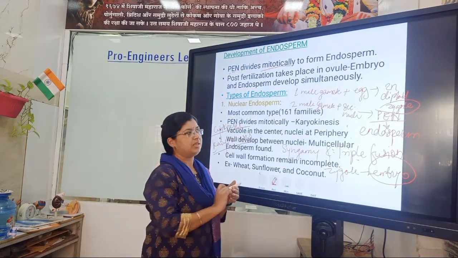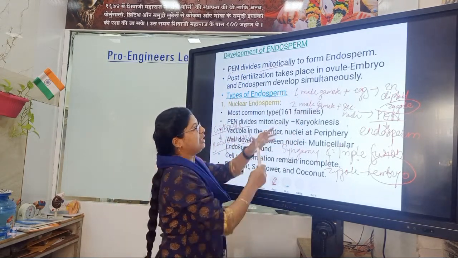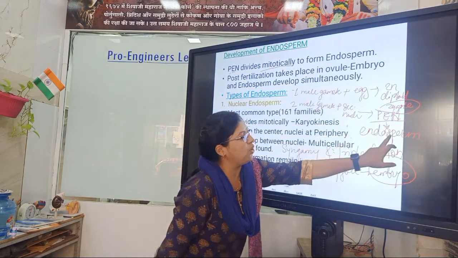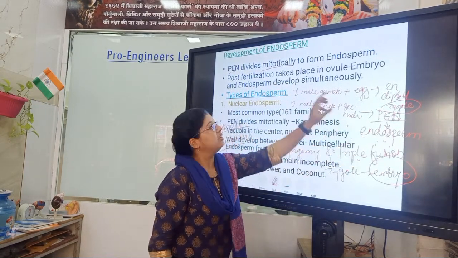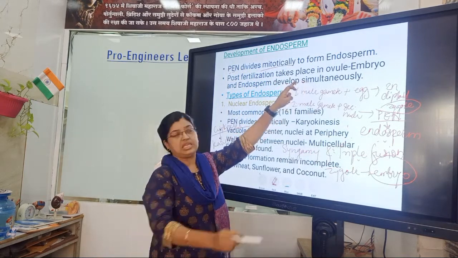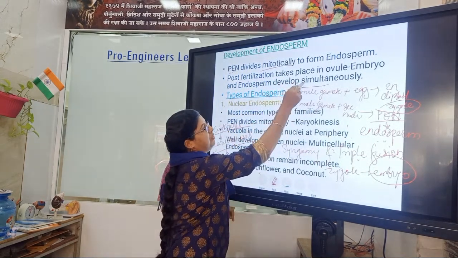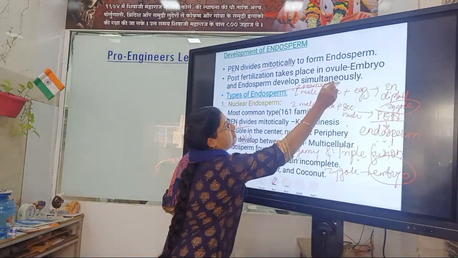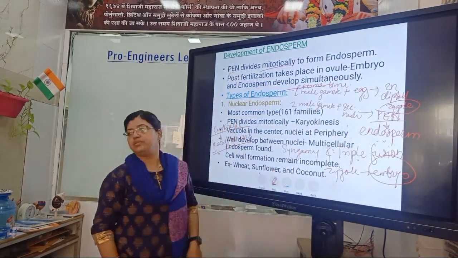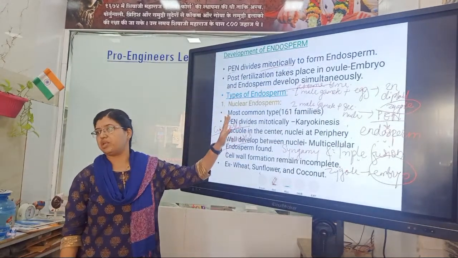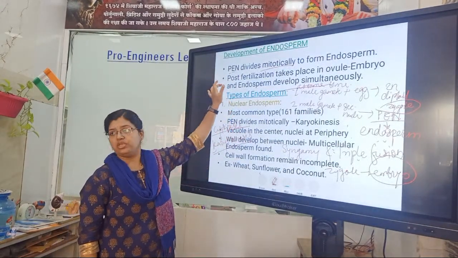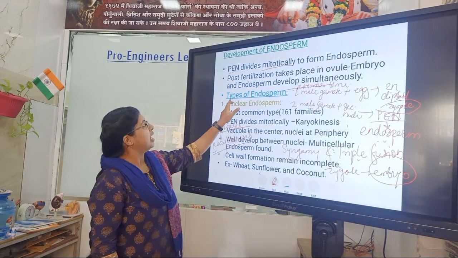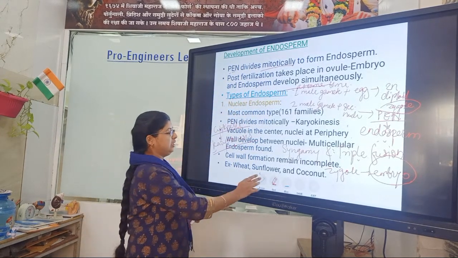That means after these two processes, embryo and endosperm develop simultaneously, at the same time. Clear these two points? Yes, ma'am. Next, types of endosperm.